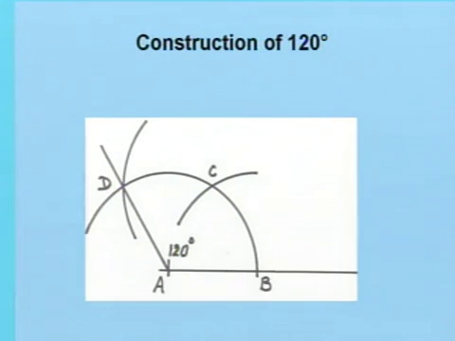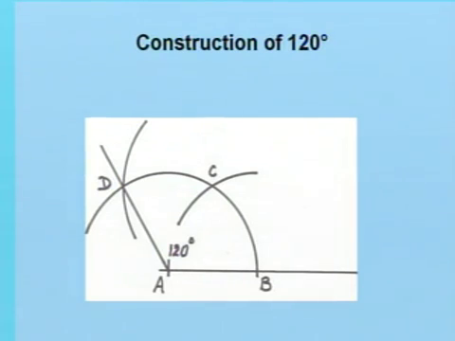Construction of 120 degrees. At point A on line AB, we use a suitable radius and center A, draw an arc going all the way to the left without changing the radius on the pair of compasses. Center B, draw another arc to intersect the first arc, and that intersection is at C. Previously that is 60 degrees.